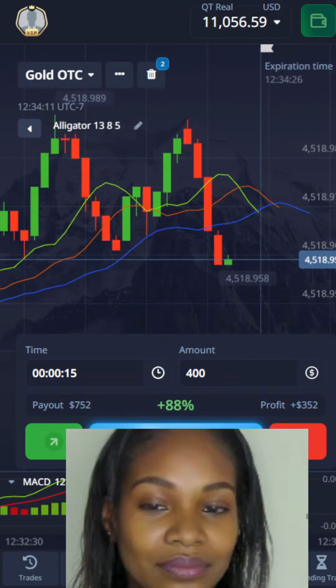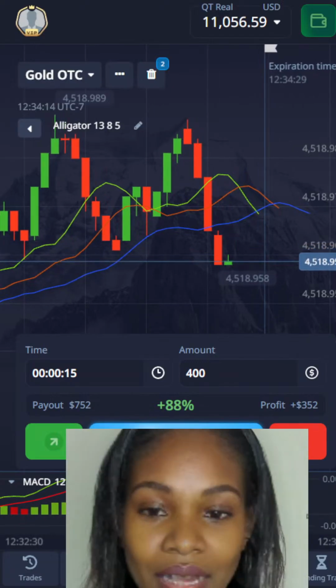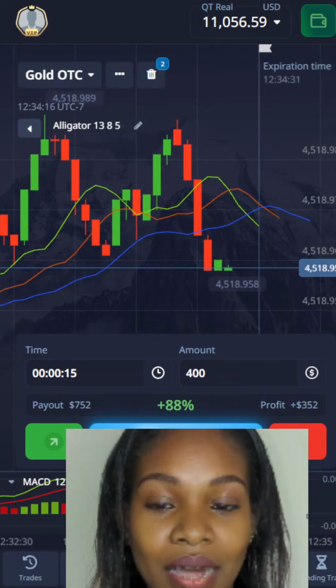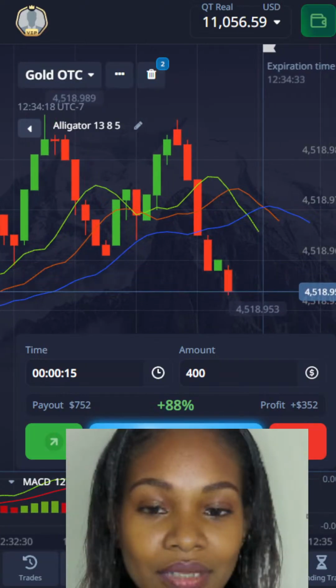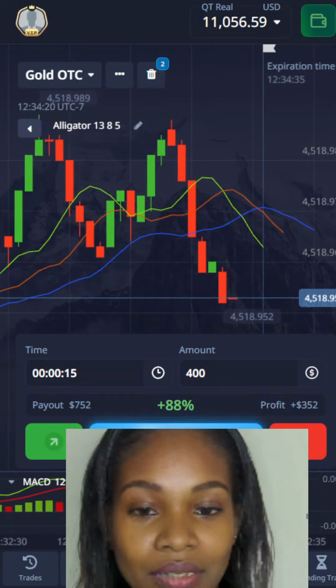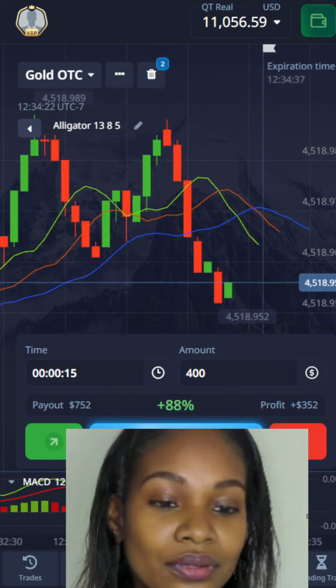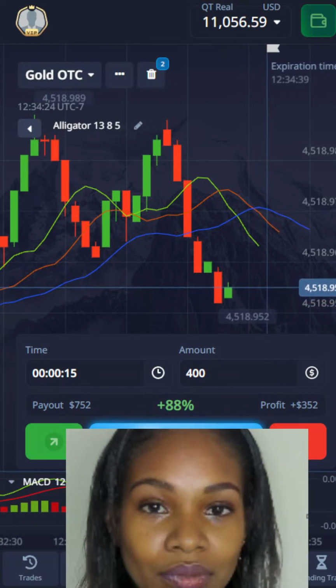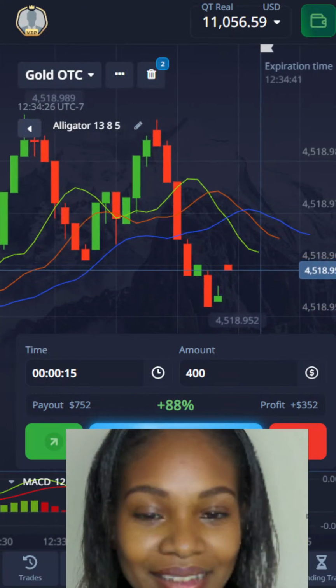we anticipate a pullback. If you are someone who knows how to trade using a pullback, that is a time for you to enter the market and cash out some beautiful profits.